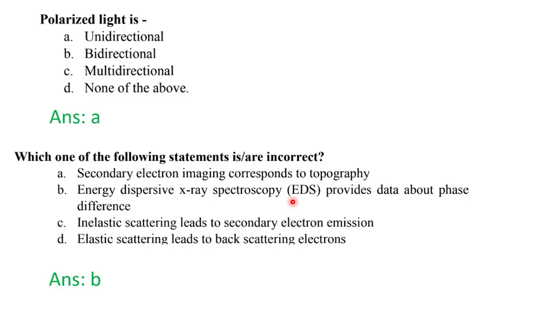Based on that, the energy of the X-ray will be different from element to element. So you will get the idea about different elements. For example, if there is zinc and nickel present, you will get that idea from EDS. But for the different phases present, you cannot get that.